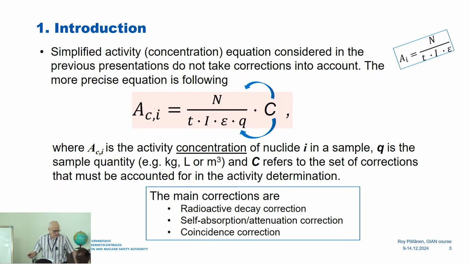So, the simplified equations that I showed you in previous lectures didn't take corrections into account. A more precise equation is the following, and these corrections may be applied here and here.